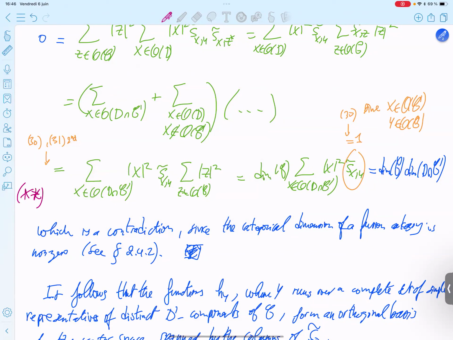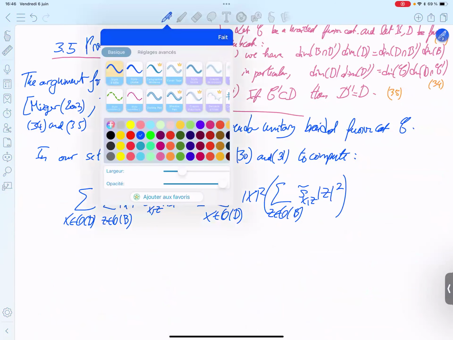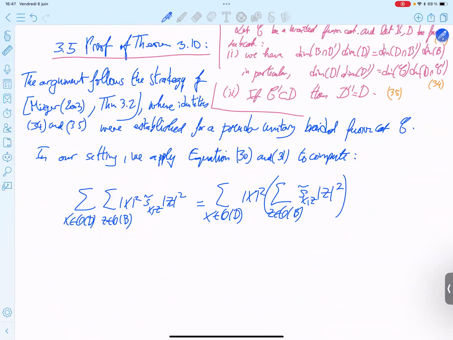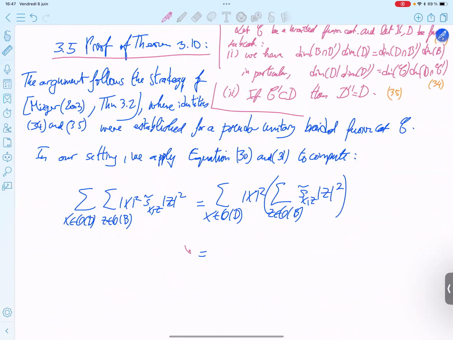So we will do exactly as here. Then we can restrict. So this is equal to, as for double star.